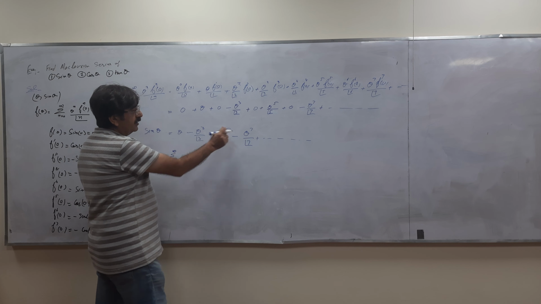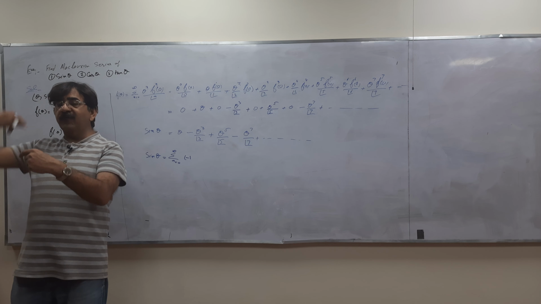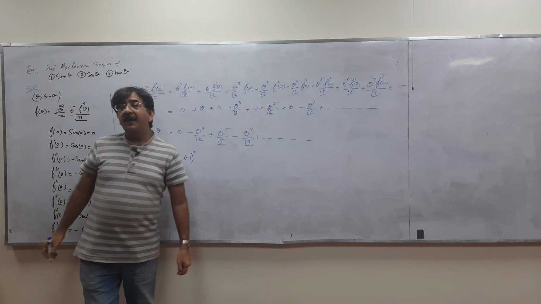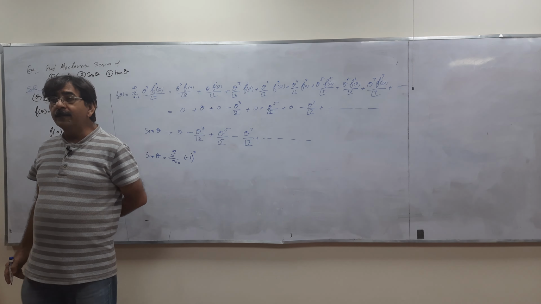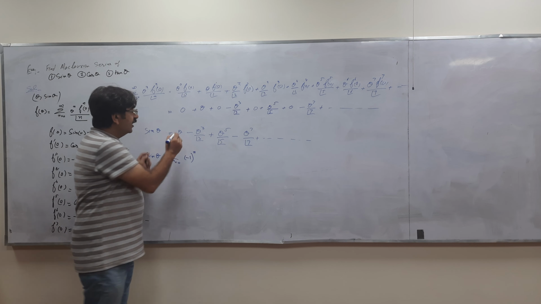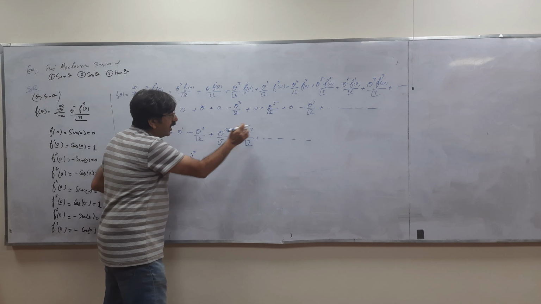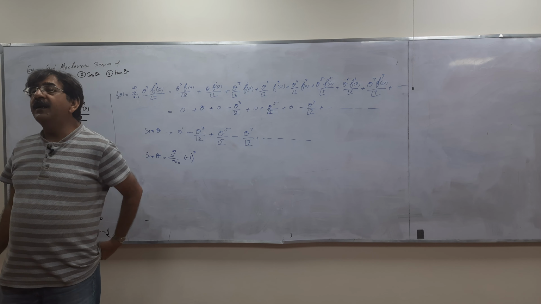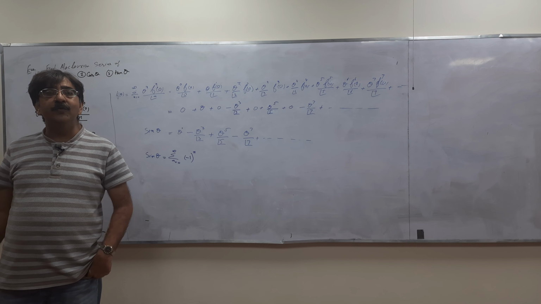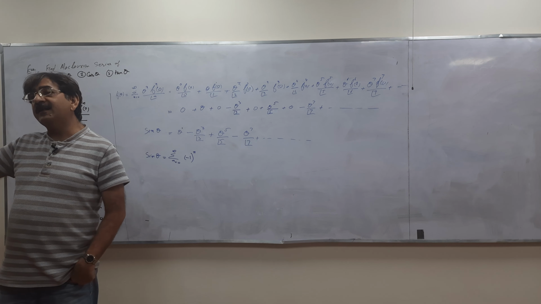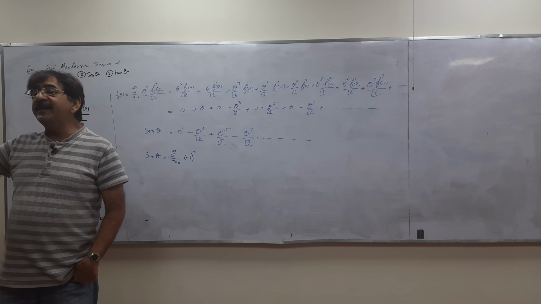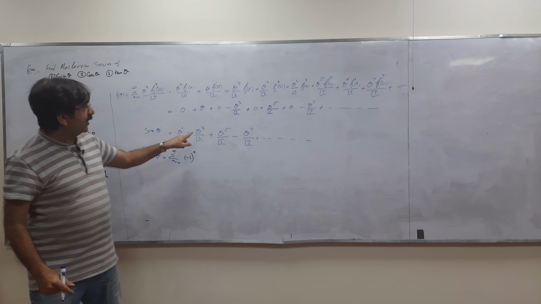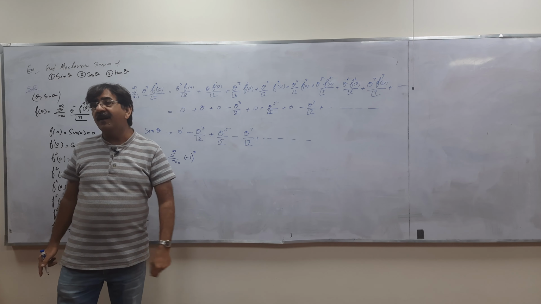We need minus 1 to the power n because the signs go plus 1, minus 1, plus 1, minus 1. But here the theta power is 1, 3, 5, 7, that is an odd multiple. I have already explained in the previous lectures, as with the form pi by 2, whenever there is an odd multiple you must write 2n plus 1 because the numbers are odd. 1, 3, 5 and 7 are odd numbers.